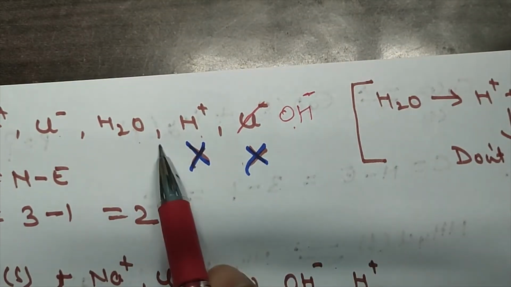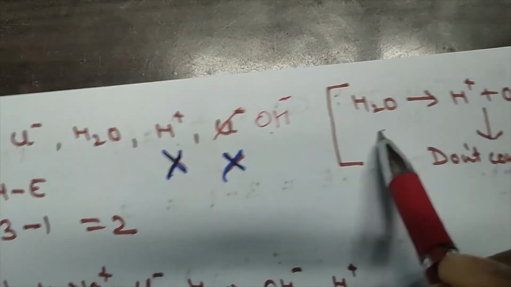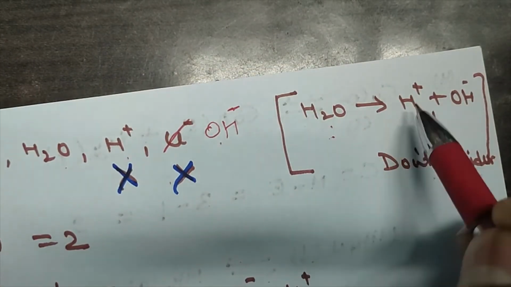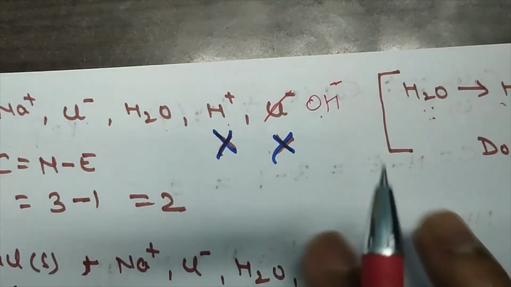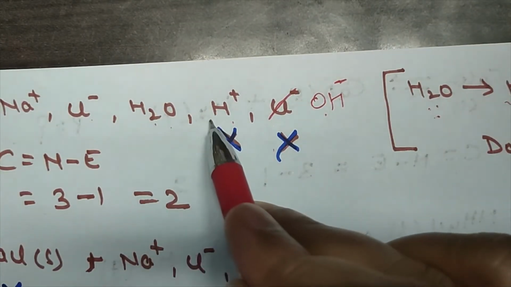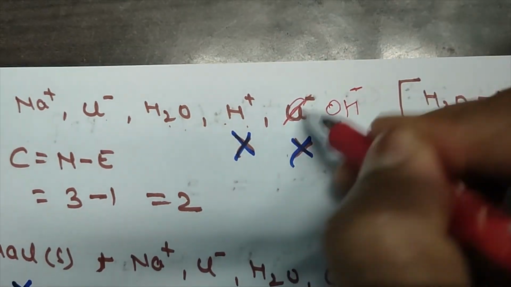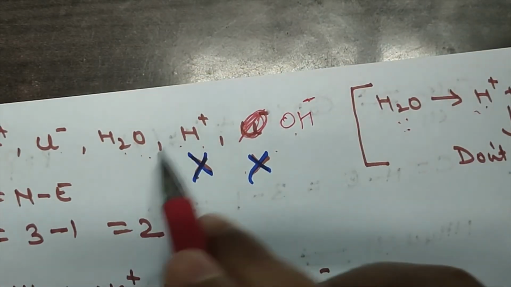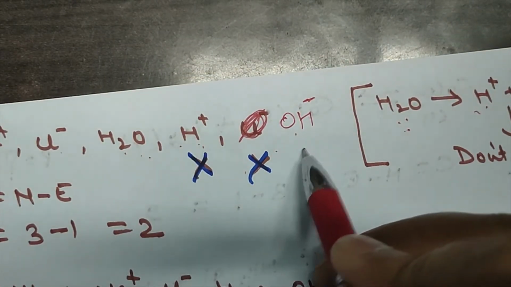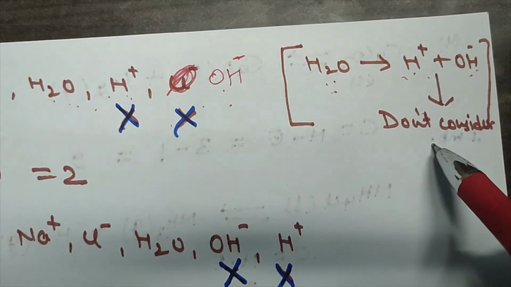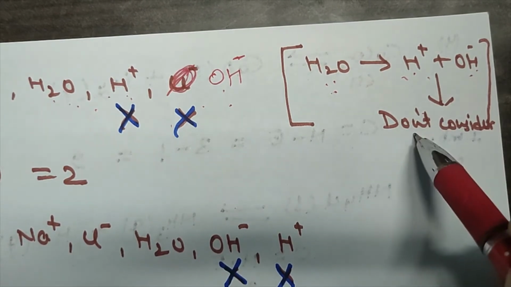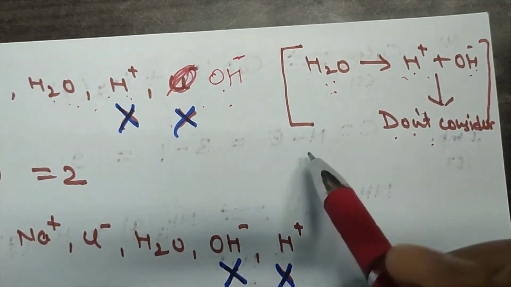Now if water dissociation is given in your question, like H2O converting into H plus and OH minus, all these 3 mentioned in your question, H2O, H plus and OH minus ions, only in the case of water, then don't consider the ions of water. Okay, that is a totally different case from what you have studied earlier.